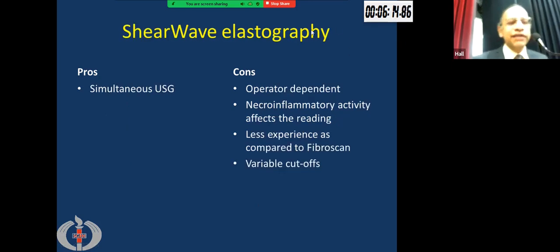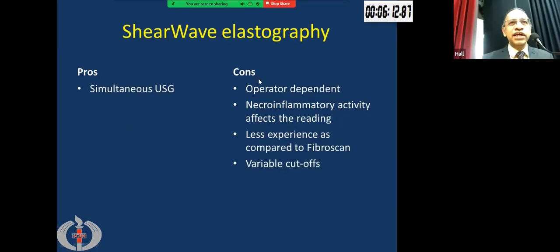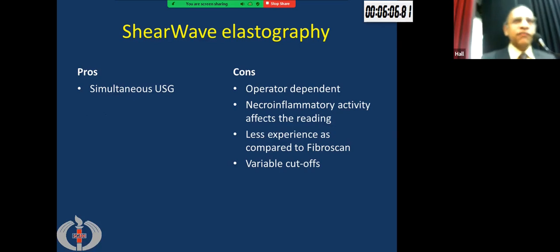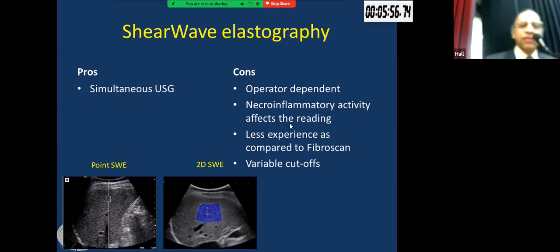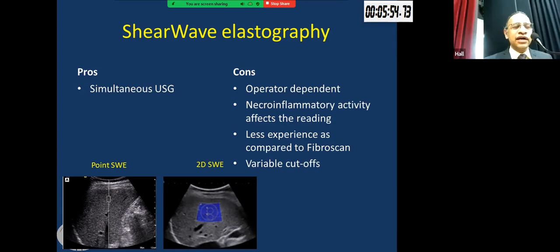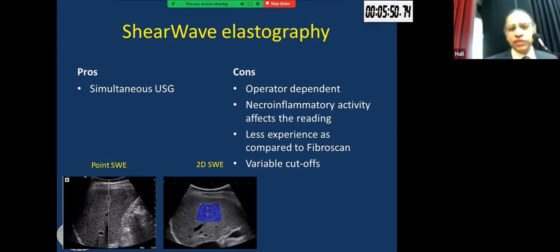Coming to the other modality, which is called shear wave elastography. It is an addition to the ultrasound technology only, and it is done along with ultrasound. But the cons are that it is operator dependent, and when there is significant necroinflammatory activity going on, the values of shear wave elastography may differ from patient to patient.